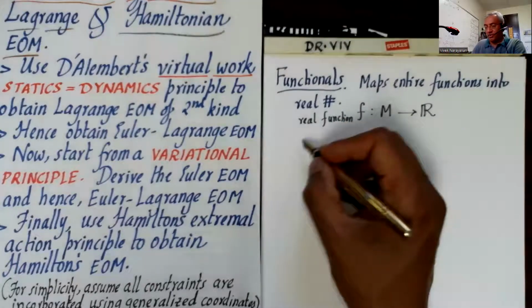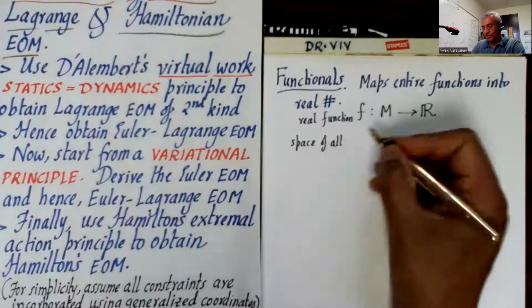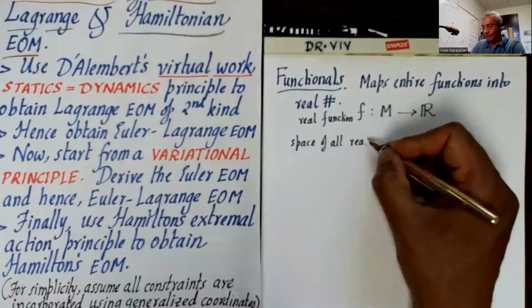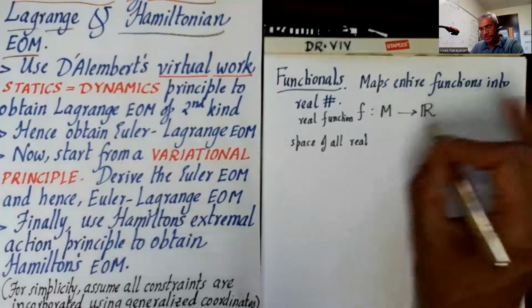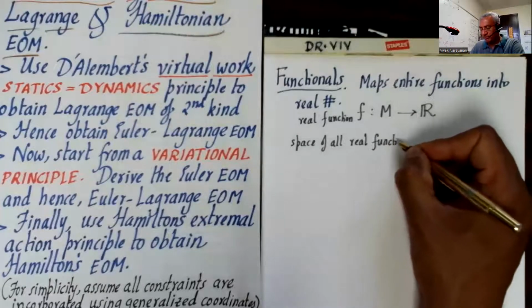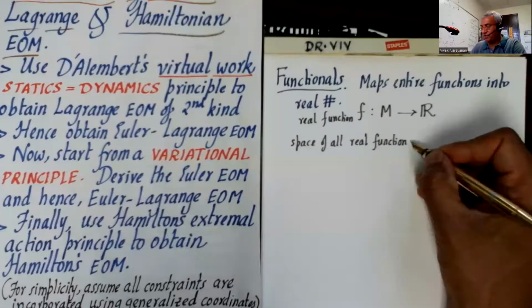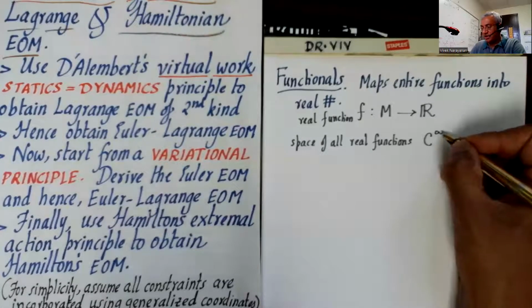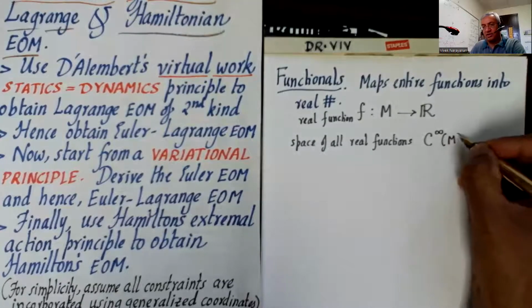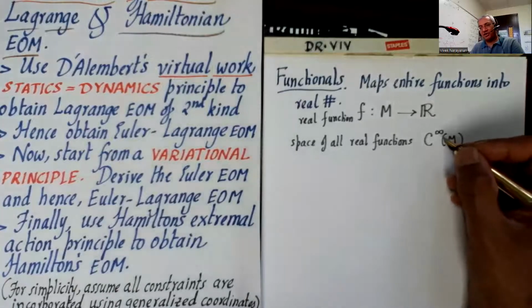Now, the space of all functions on the real functions, or you assemble all the real functions possible on a manifold. Manifold just means a general space. If you take the space of all real functions, it's going to be an infinite dimensional space known as C infinity M. That infinity stands not for the fact that it's infinite dimensional, but rather that it's infinitely smooth.